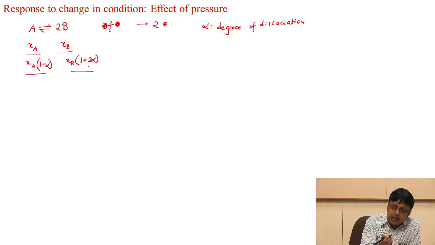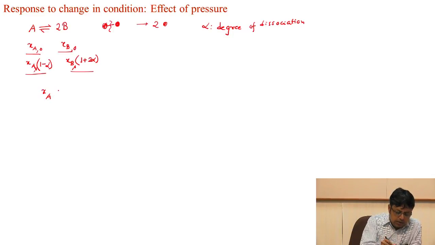So we can write the mole fraction in this way, with the initial ones as XA0 and XB0.